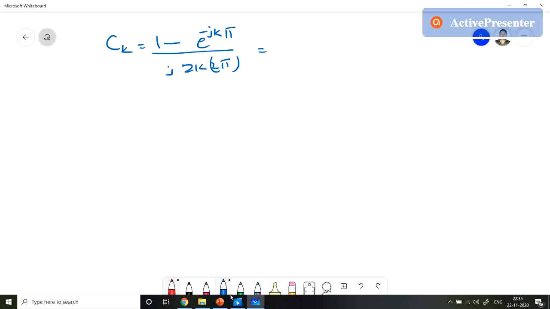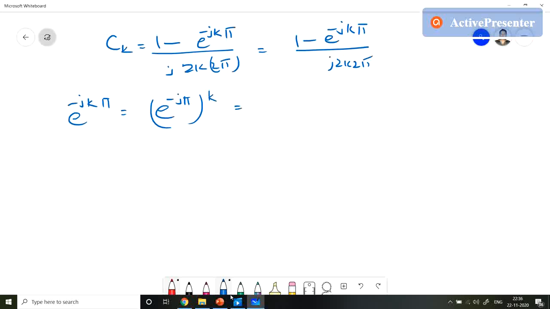So finally we get 1 minus e raised to the power minus jk pi divided by j 2k pi. And e raised to the power minus jk pi is equal to e raised to the power minus j pi, raised to the power k, which is cos pi minus j sin pi raised to the power k.